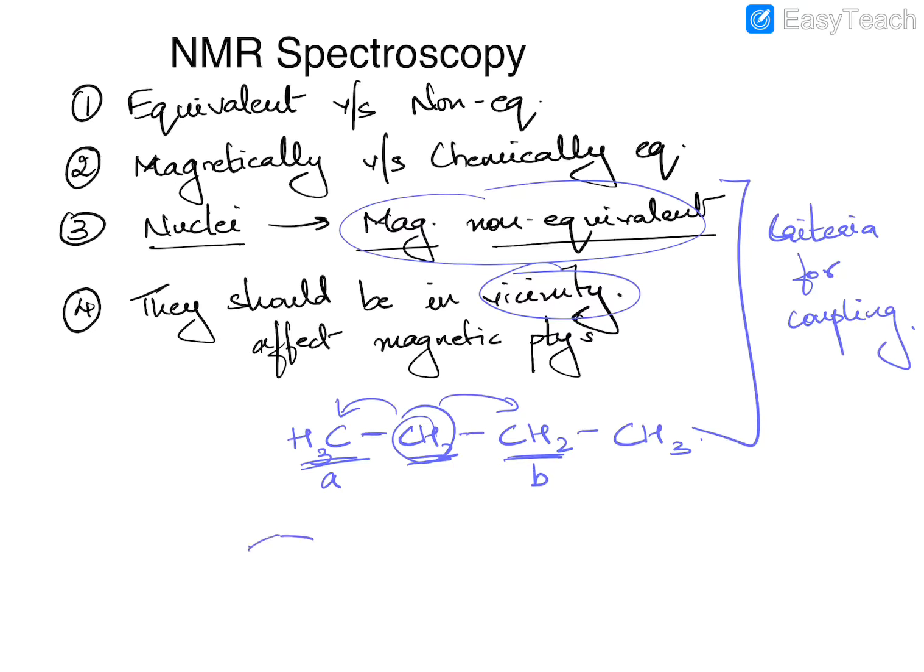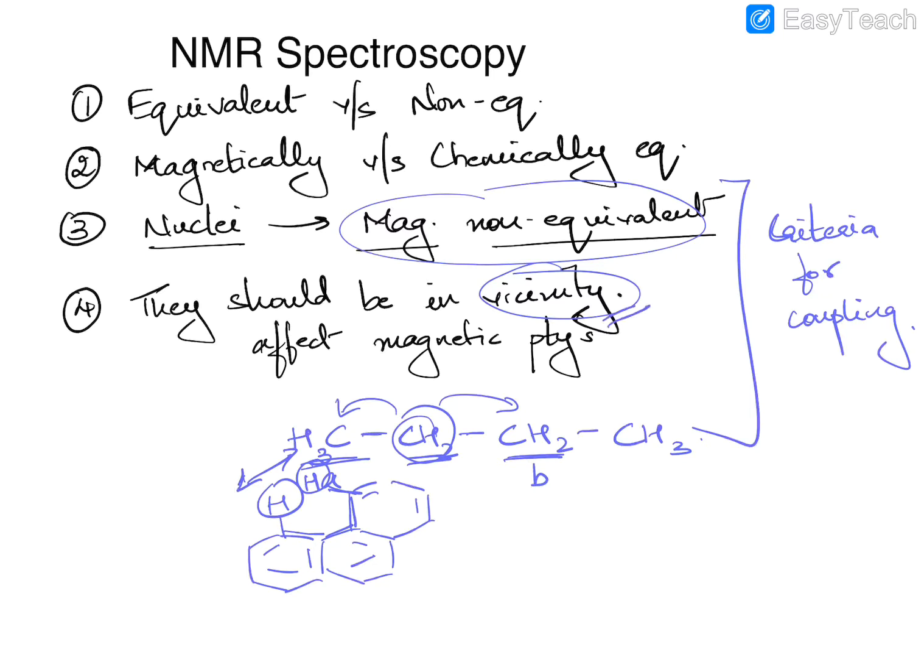There is also a possibility that in some cases you could have nuclei that are very far from one another with respect to the bonds, but are in close proximity to each other in three-dimensional space, and these nuclei also tend to couple with one another.